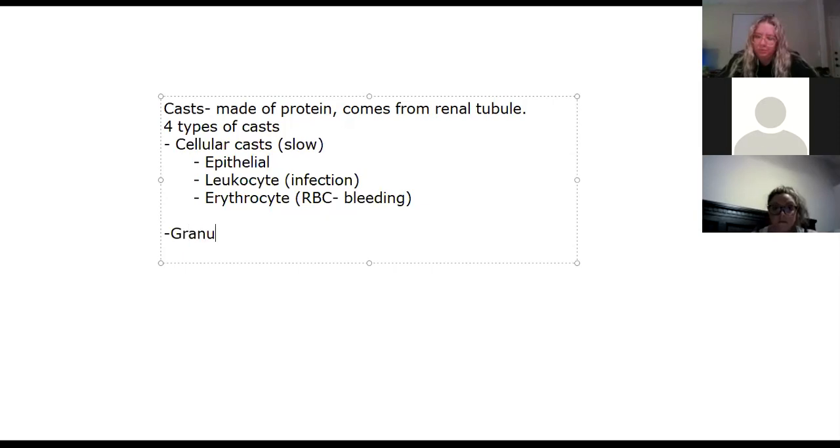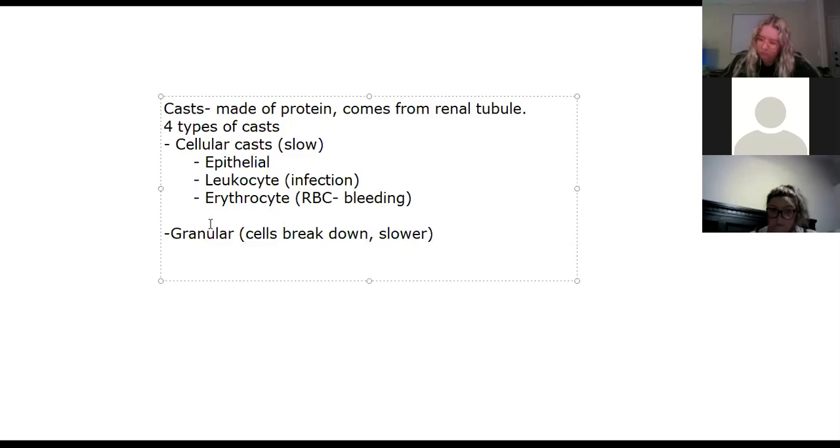Next up I have granular. So granular casts. This is when cells break down. And this will be slower. So things moving slower through the renal tubules. And this also will represent acute issues, like acute renal failure, something that is happening suddenly, but it's causing things to move through our renal tubules slower.